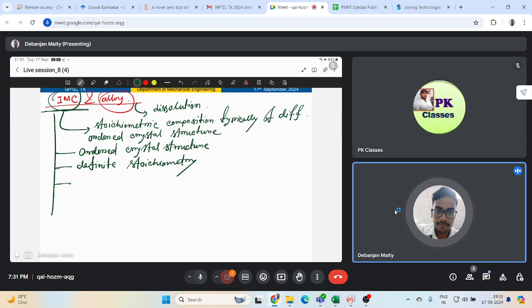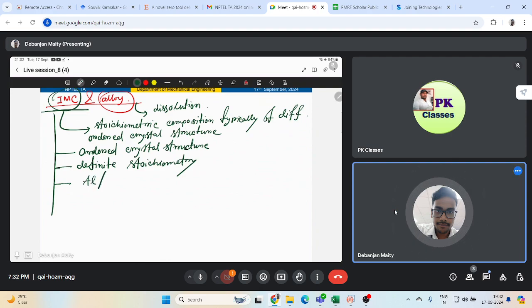Let's say you are mixing aluminum and copper. I work in the aluminum copper system, so I know what different IMC formations there are.